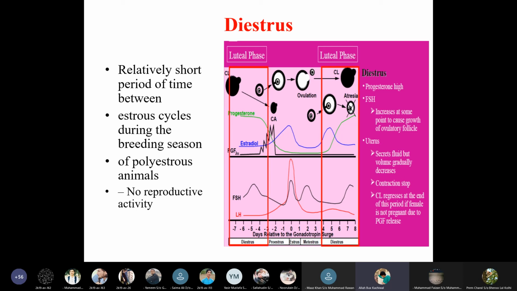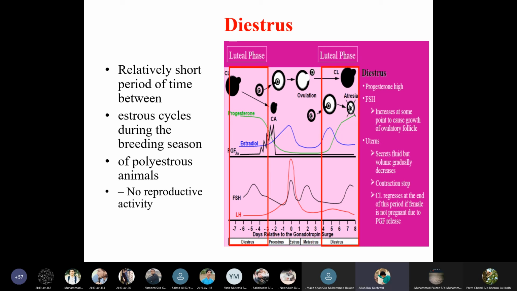polyestrous animals. In polyestrous animals, the estrous cycle is of a short duration, in which the diestrus has no reproductive activity, and the progesterone level is high. Follicle stimulating hormone will increase, and then the growth of the follicles will develop, and the uterus has to start final, but the volume gradually decreases.